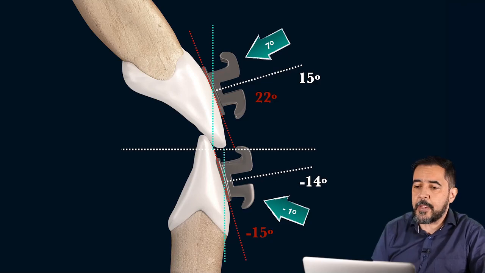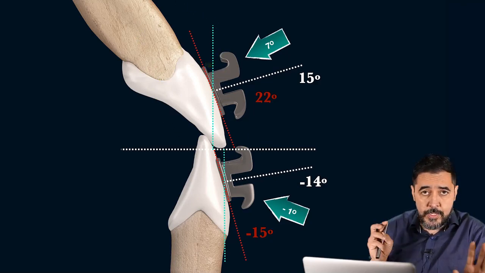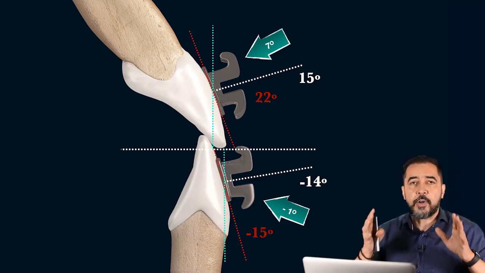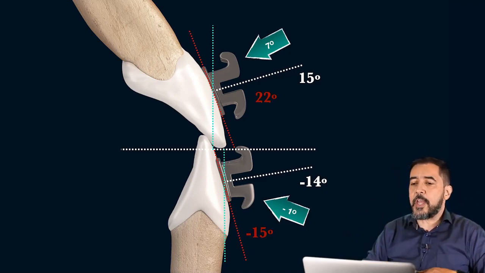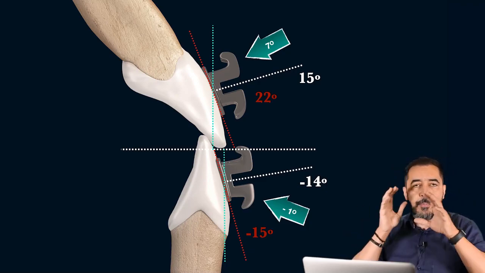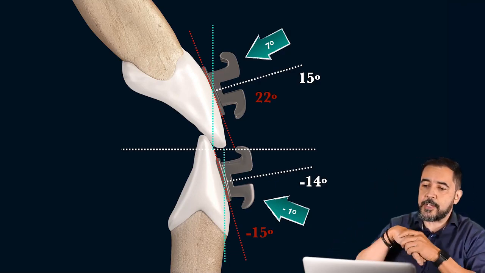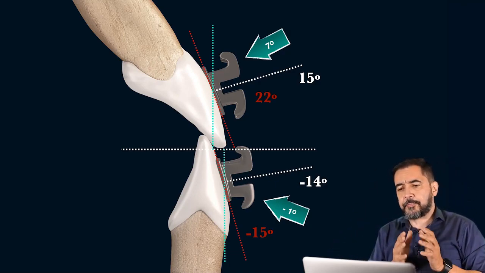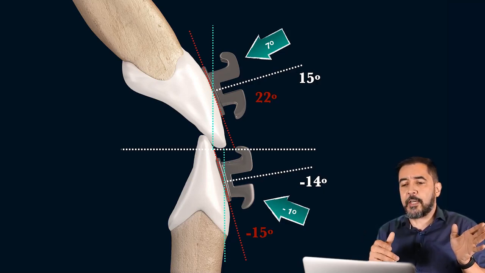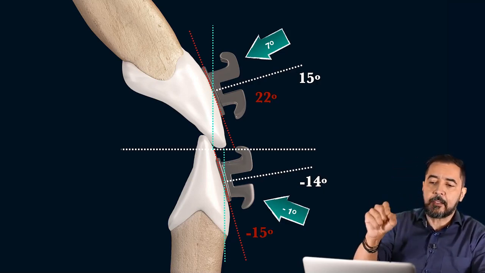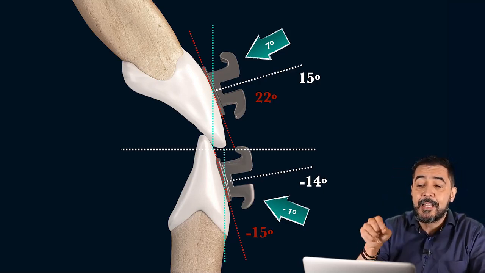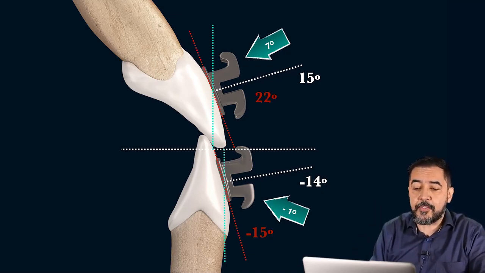So in this case, we have 22 degrees of inclination, and just doing the math again, we have many things to consider, but for the sake of understanding, let's see how things are here. 22 degrees of inclination, and 7 degrees of inclination embedded in the bracket, the upper incisor bracket.